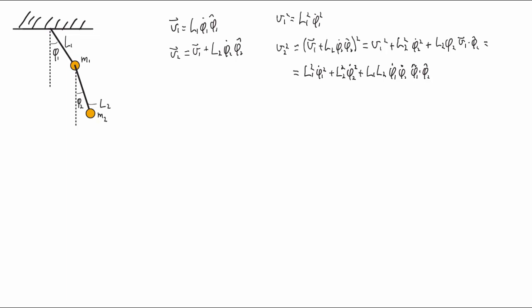Okay. Now to figure out what the cosine between them is, we just have to note that the angle between the two pendulums is just phi 2 minus phi 1. It's supposed to say phi 1 there. Phi 1.